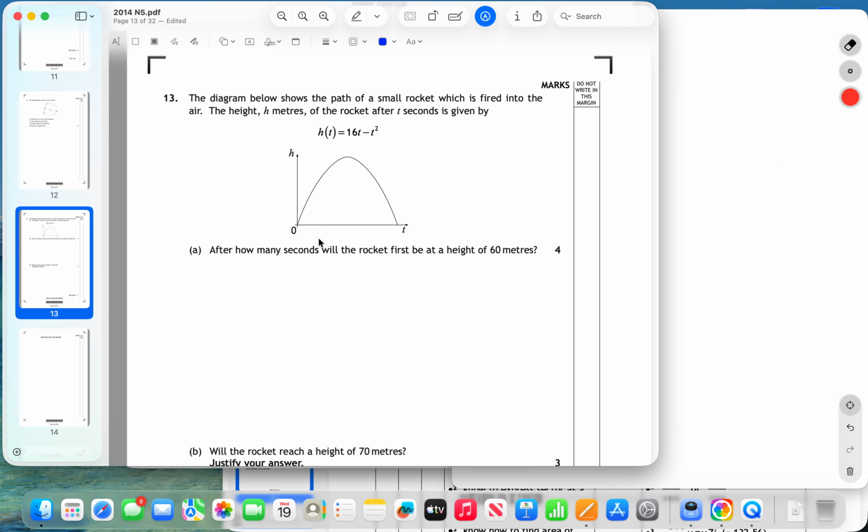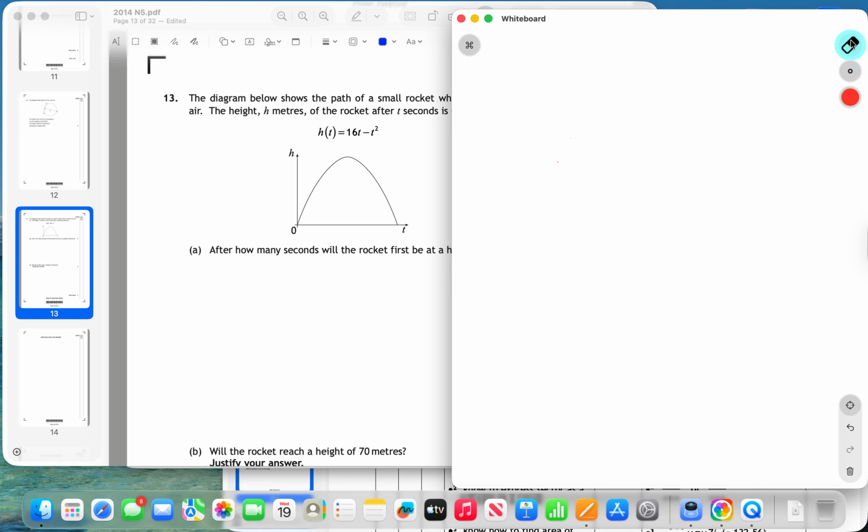Now, you notice it's got a maximum turning point, i.e., if you have a look at the shape of it, it's a sad face. That is if the coefficient of the t squared term is negative. And what do I mean by the coefficient? That's the number in front of the t squared.